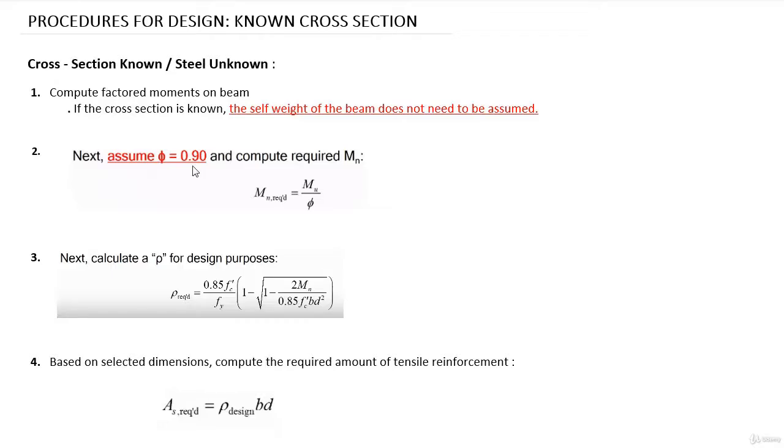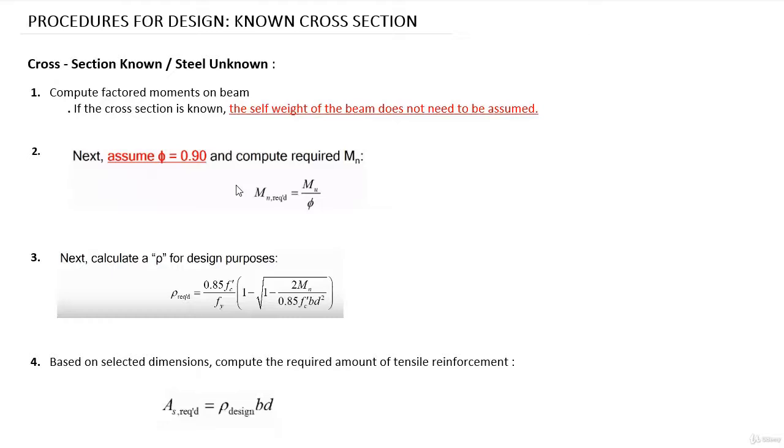The next step is to assume phi equals 0.90. Phi is the strength reduction factor, and we assume it in order to calculate Mn required. Remember, phi varies as a function of the strain in the steel, and since we don't know the reinforcement that is going to be placed inside the beam, we have to make a guess. So we assume phi to be 0.90 because this is the tension-controlled zone.